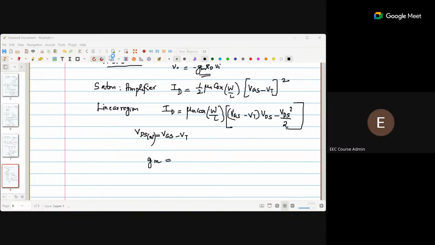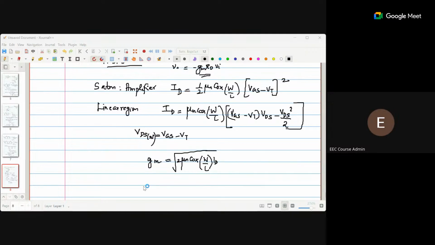You have it in week 10, lecture 6, towards the end, the common source amplifier small signal analysis. I can write it here: root of 2 μn Cox W/L ID.